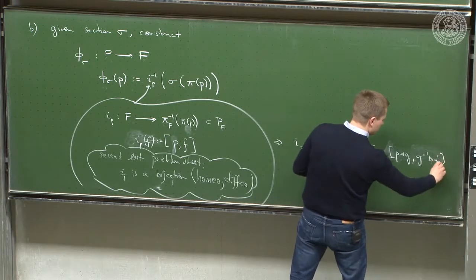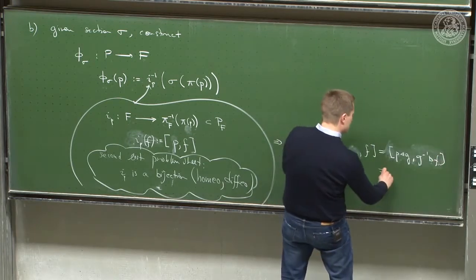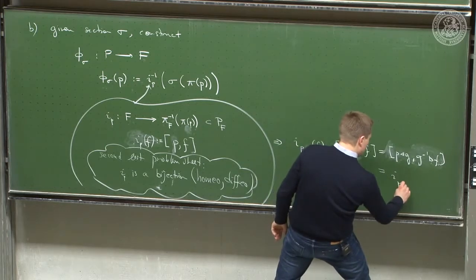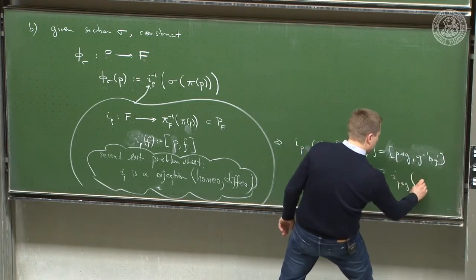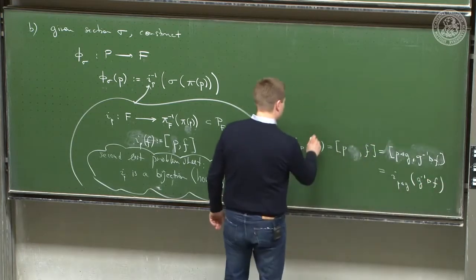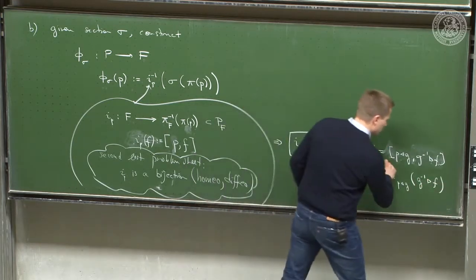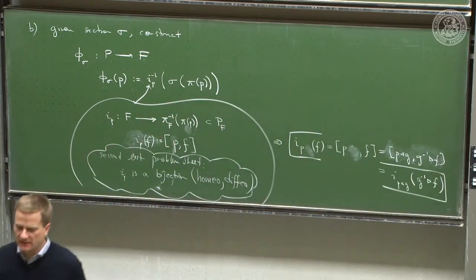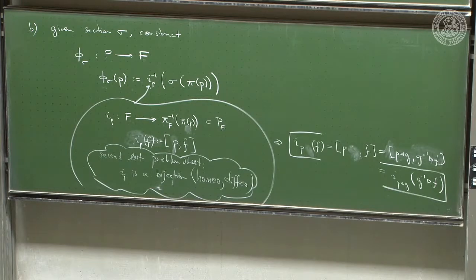That's just the definition of the bracket that allows us this. And this is then, of course, I_P of G acting on G inverse F. So what I want to say is that this guy is the same as this guy, and we're going to use this in a second. So this is obvious directly from the definition of this bracket.